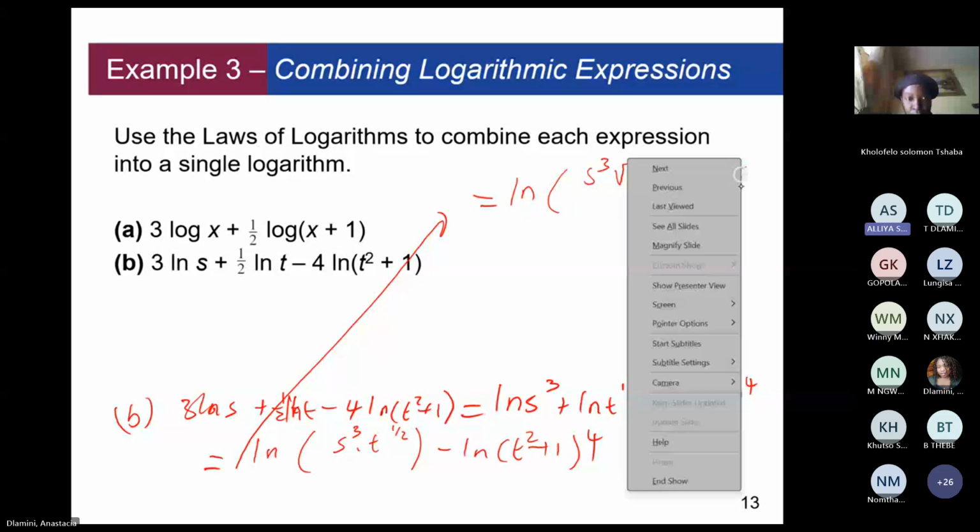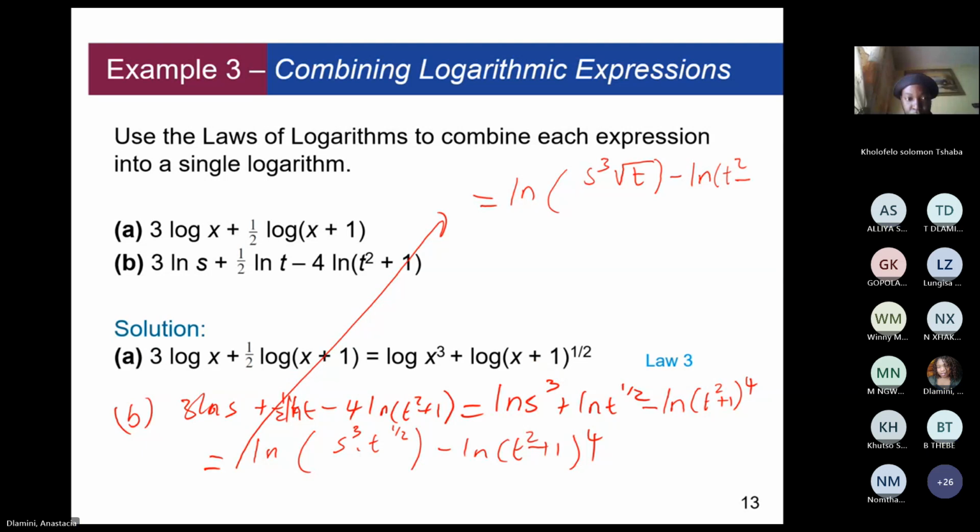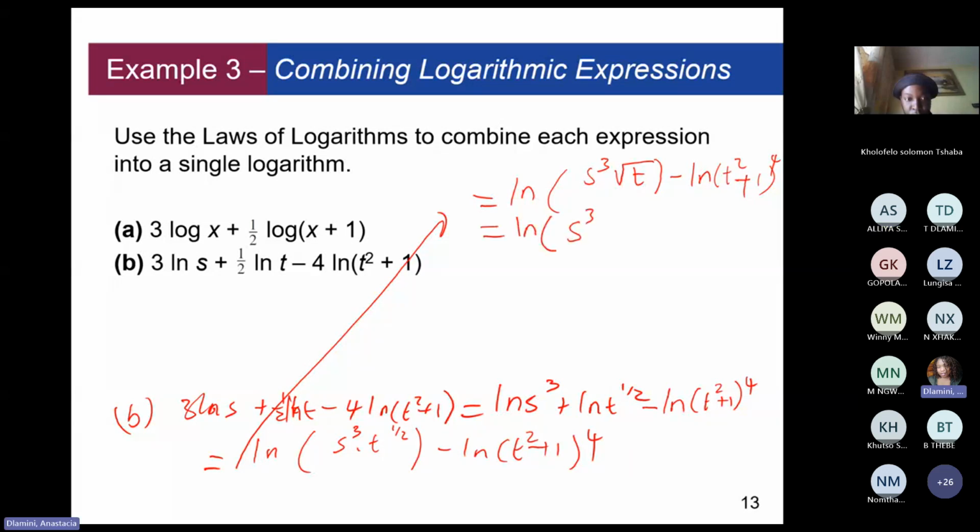Then it will equal ln of s cubed times the square root of t, over t squared plus 1 to the power of 4.